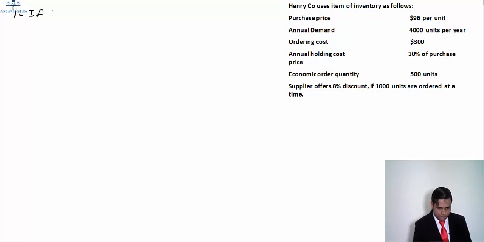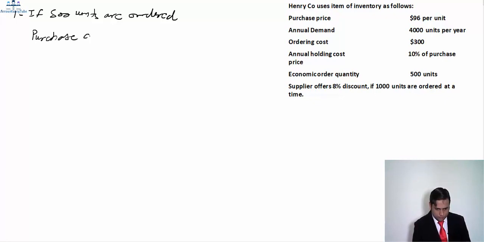If 500 units are ordered, we need to see three costs: purchase cost, ordering cost, and holding cost.